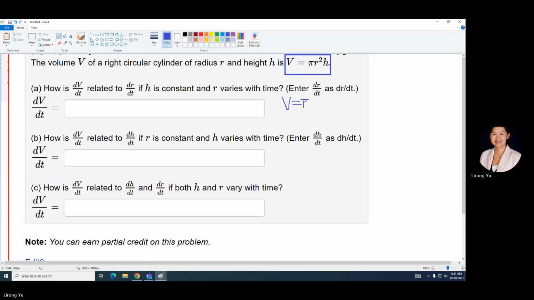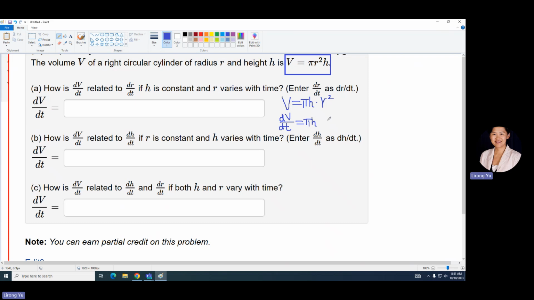I like to move the number to the front. If you are trying to find the relation between the rates, the derivative of the left side will be dV/dt. The V prime is equal to, this is a number, so we leave the number alone.